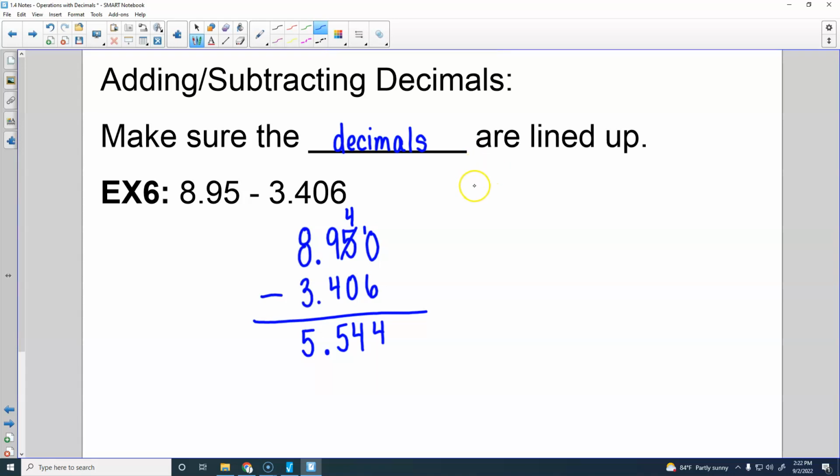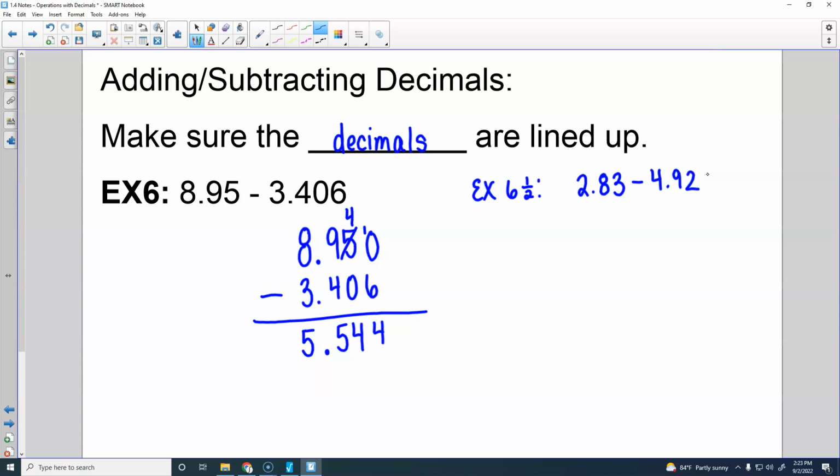Let me add in, this is going to be example 6.5 right here. Let me add in one more example. What about if I have something like 2.83 minus 4.92? When I'm subtracting this by hand, which number has to go on top?